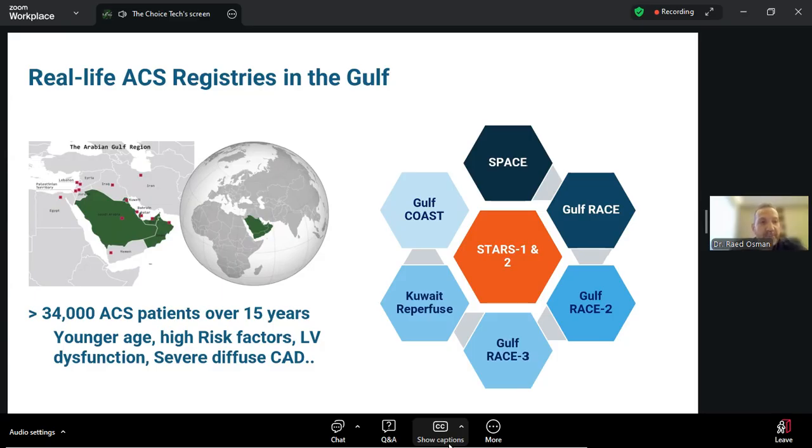They provide valuable insights into our population, showing that Gulf region patients tend to present at a younger age, with more comorbidities, a high burden of cardiovascular risk factors, more left ventricular dysfunction, and more extensive diffuse coronary artery disease. These data have been essential in understanding the regional pattern of acute coronary syndrome and in guiding improvement in the prevention and management of acute coronary syndrome.